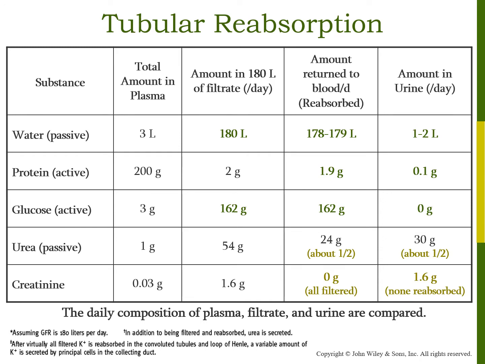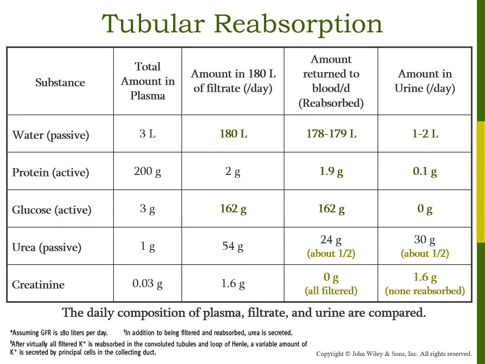So, although it is filtered, about half of it is reabsorbed passively, but it is also secreted so that approximately half shows up in the urine. Now, creatinine, which is a byproduct of muscle metabolism, is filtered but is not reabsorbed and is minimally secreted.